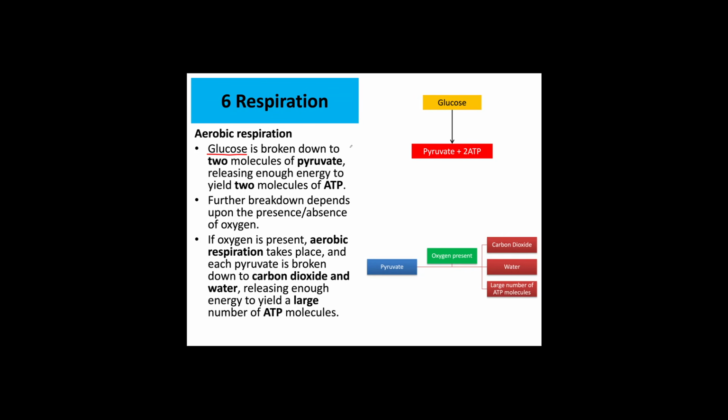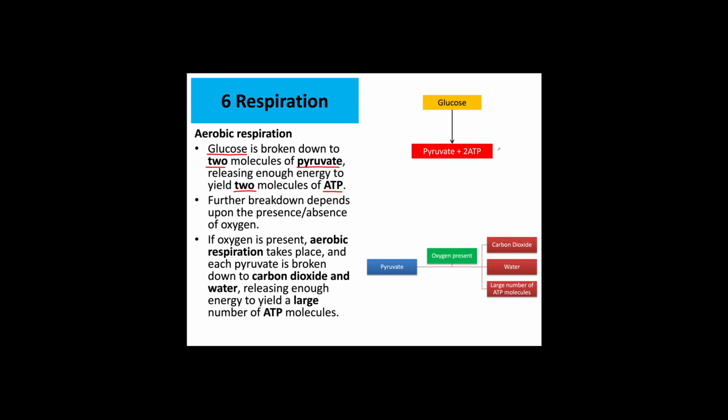And when it's broken down, two molecules of pyruvate are released from one molecule of glucose being broken down. And we also release enough energy to get two molecules of ATP. So two molecules of ATP, two molecules of pyruvate, all the twos. Glucose broken down into two pyruvates and two ATPs.